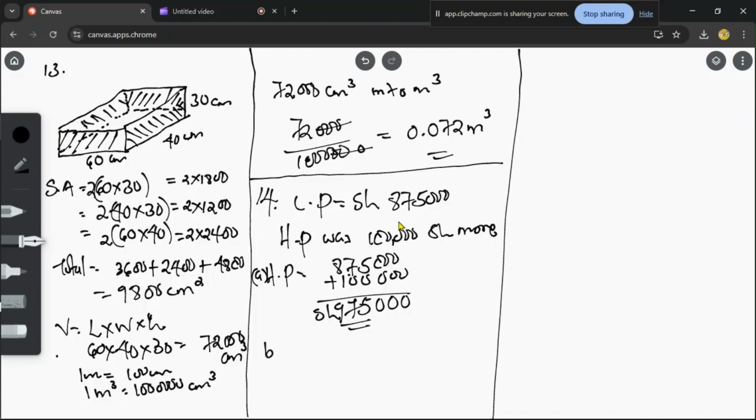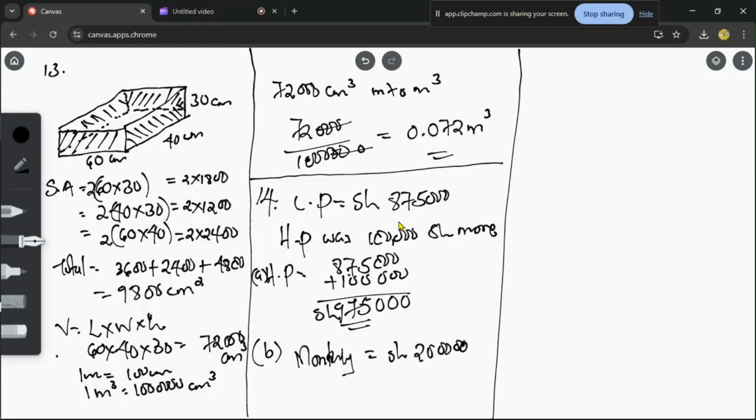Right. B of that is that you calculate the deposit if you paid equal monthly installments of Kenya shillings 200,000.